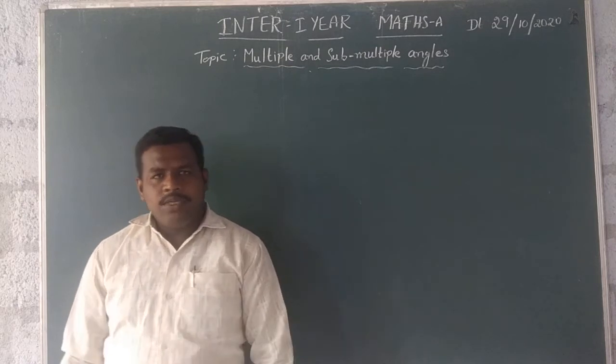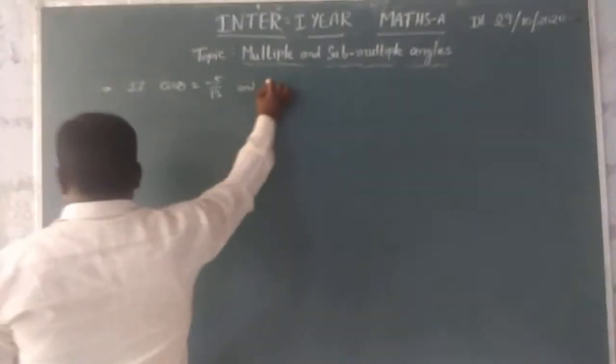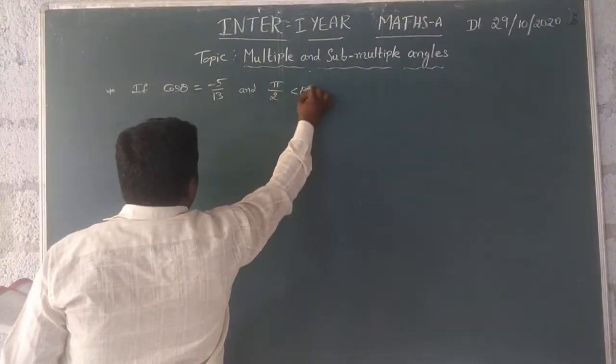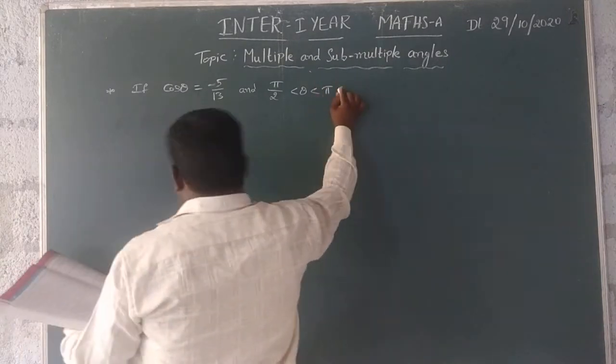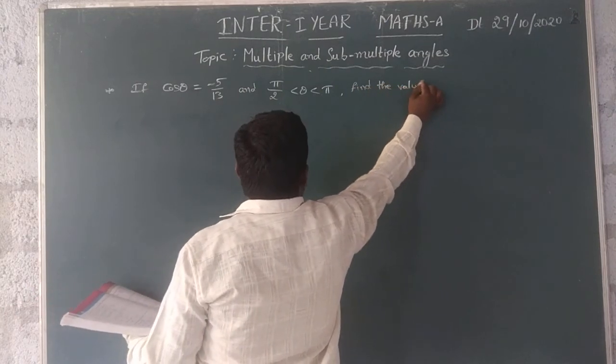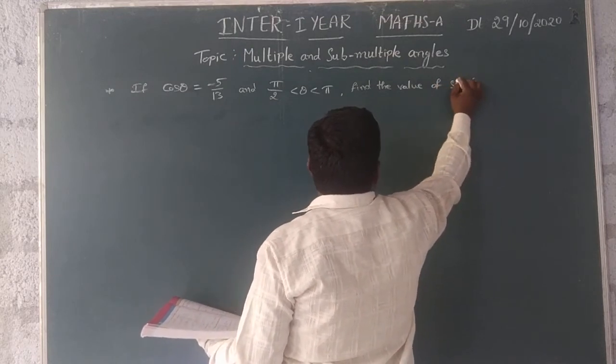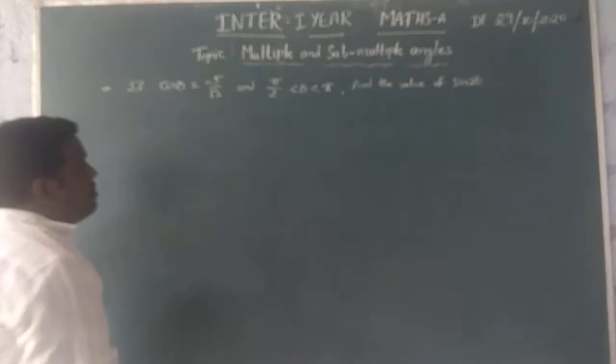So the first problem is: if cos theta is equal to minus 5 by 13 and pi by 2 less than theta less than pi, find the value of sin 2 theta.